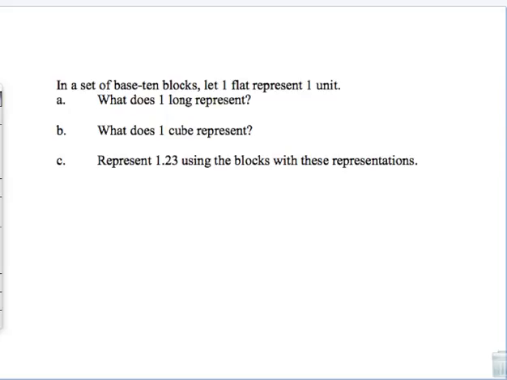So it says, in a set of base 10 blocks, let one flat represent one unit. Now the thing about it is, when we use our base 10 blocks, we have a cube, a long, a flat, and a block. And so really there's only 4 different variations of those base 10 blocks.